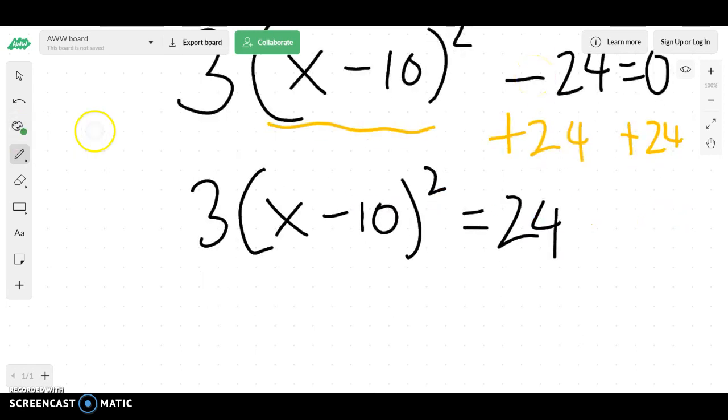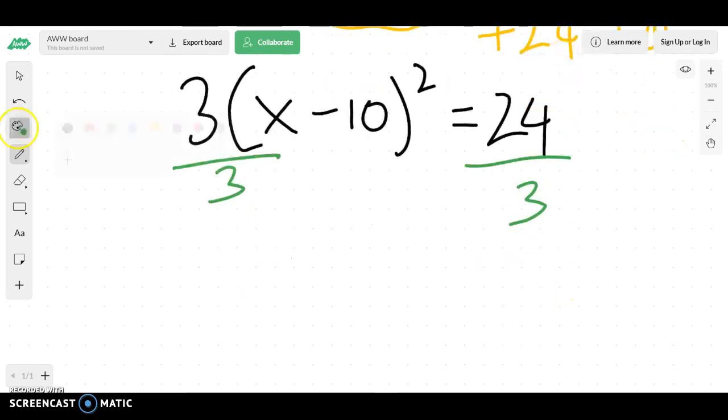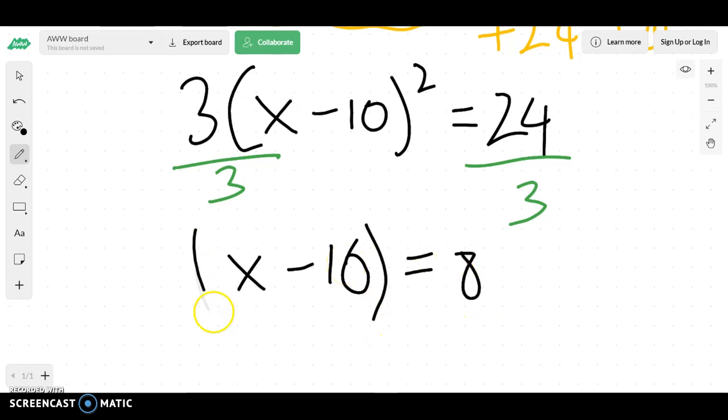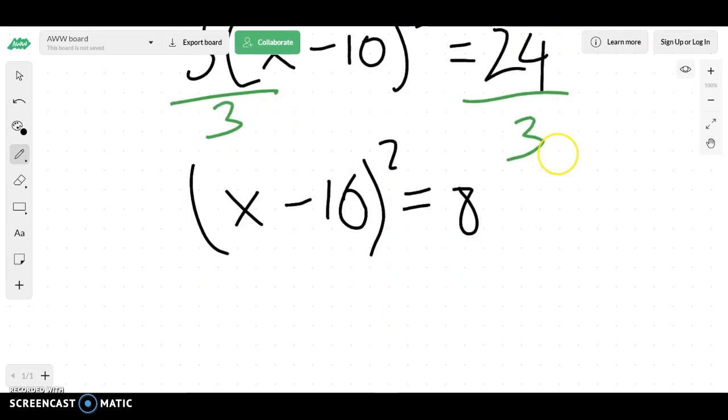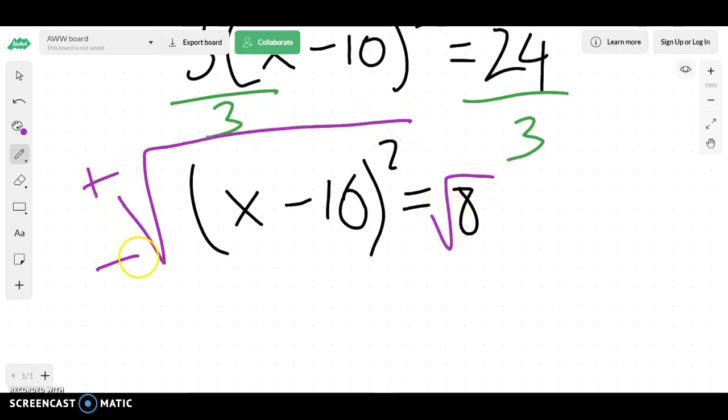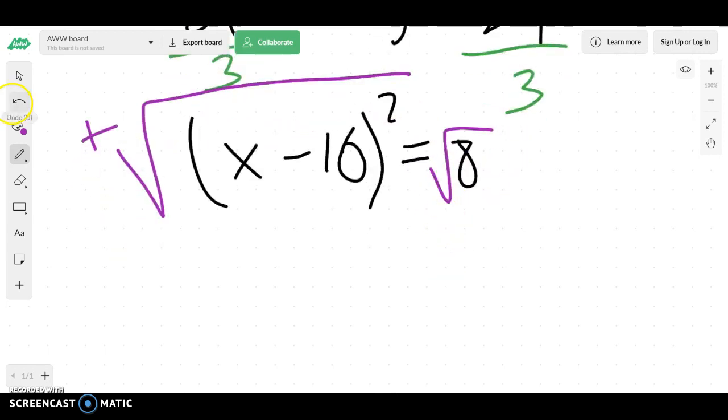Then you're going to divide both sides by 3. That's going to give you x minus 10 squared equals 8. Now that we have the squared term by itself, we're going to take the square root of both sides. Whoops, put the plus or minus on the wrong side.